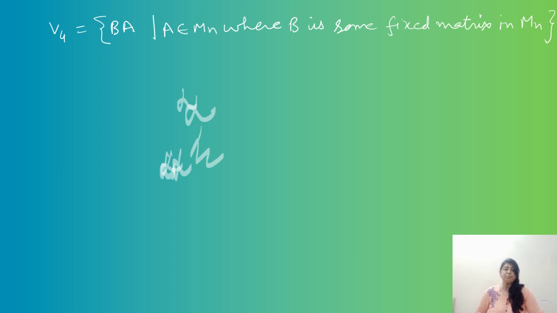So now we have to prove that V4 is a linear subspace. So what will we do? B is fixed. Let A1 and A2 belong to V4.